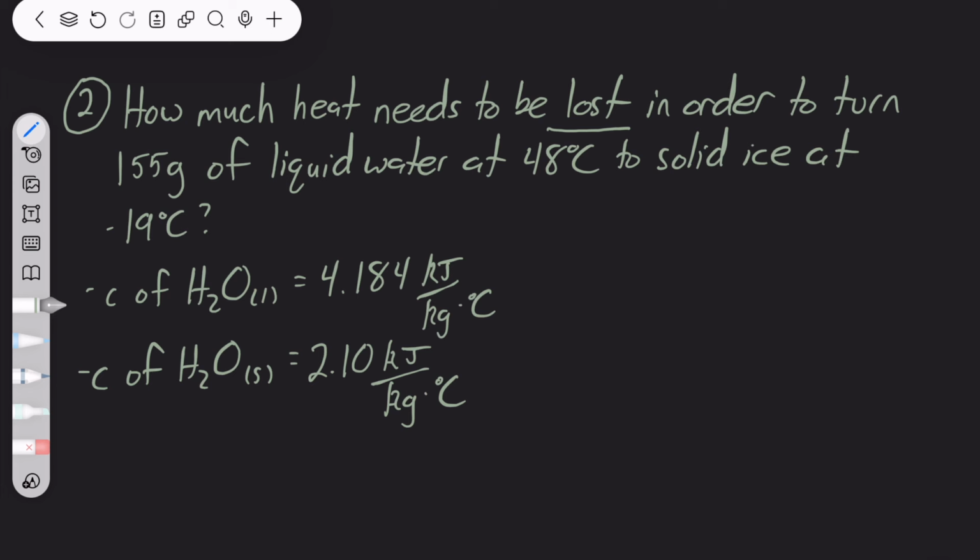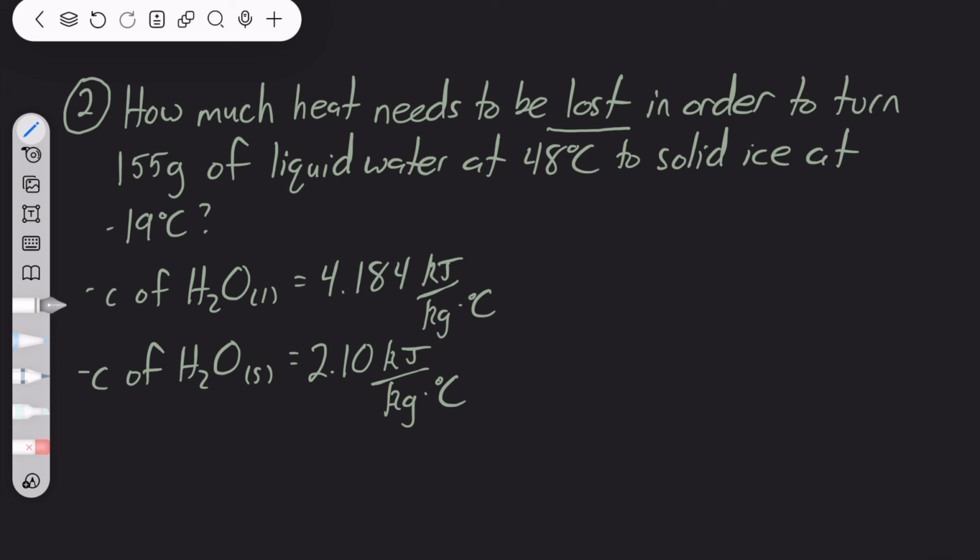Our next example reads, how much heat needs to be lost in order to turn 155 grams of liquid water at 48 degrees Celsius to solid ice at negative 19 degrees Celsius? And we are given a little bit of information here. First off, we have the specific heat capacity of water as a liquid as 4.184 kilojoules per kilogram degrees Celsius.